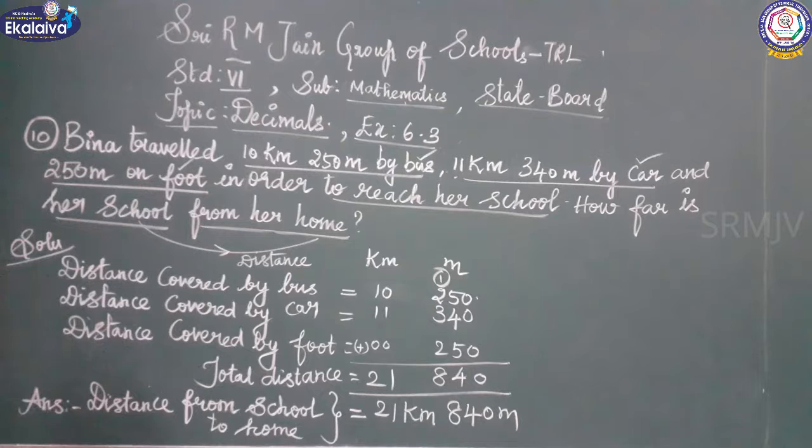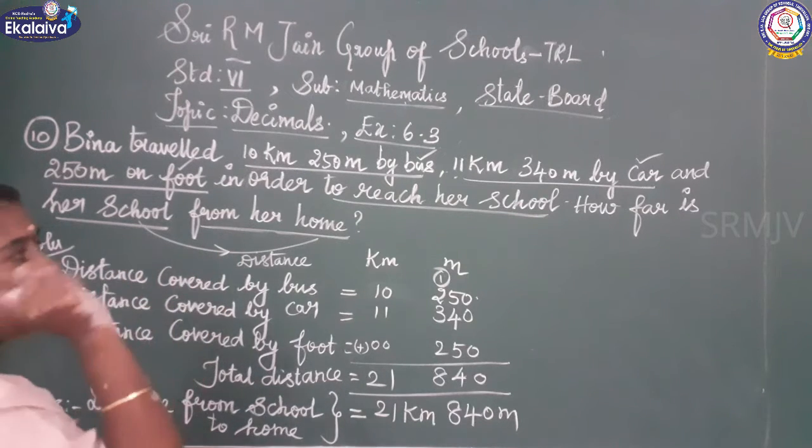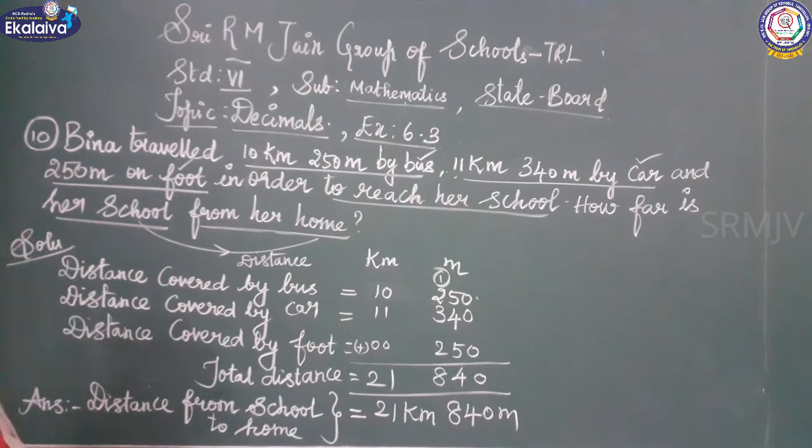Can you clear this, children? To calculate the distance from the school to home, I am going to add the distance covered by bus, distance covered by car as well as distance covered by foot.